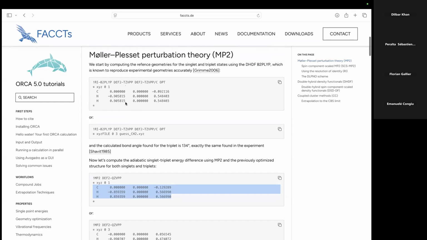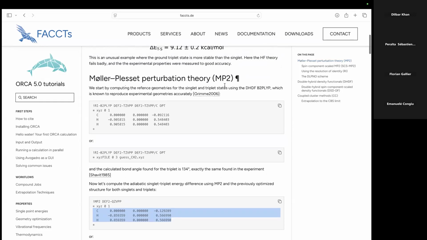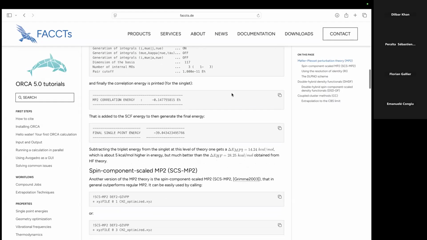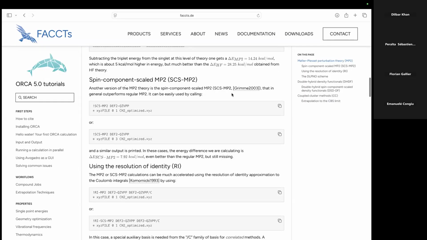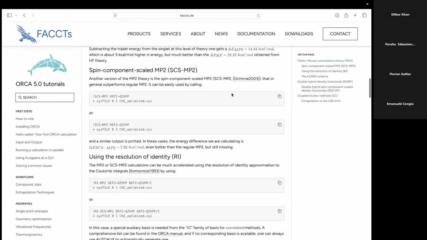So what we do is use a relatively cheaper computational method to optimize the structure and get a reliable structure, and then simply calculate the energy of the optimized structure, but with a more accurate computational method. That's the common practice we follow day to day.